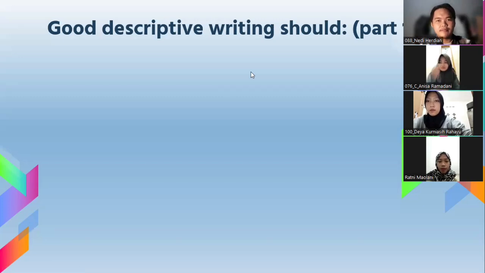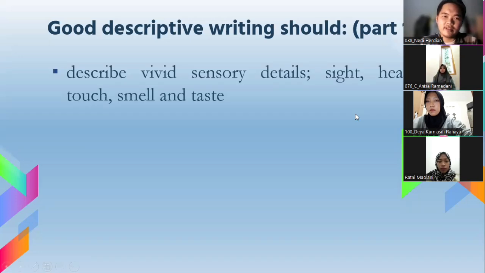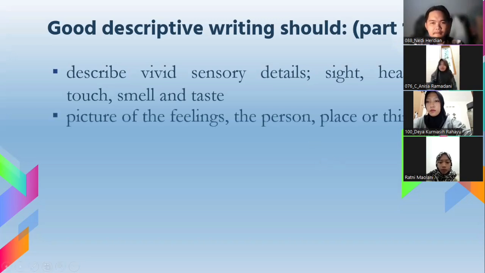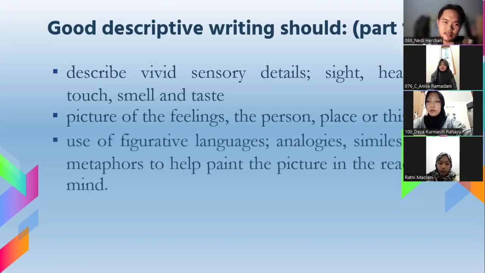Good descriptive writing should contain vivid sensory details like sight, hearing, touch, smell, and taste. Next, a picture of the feeling of the person or thing.